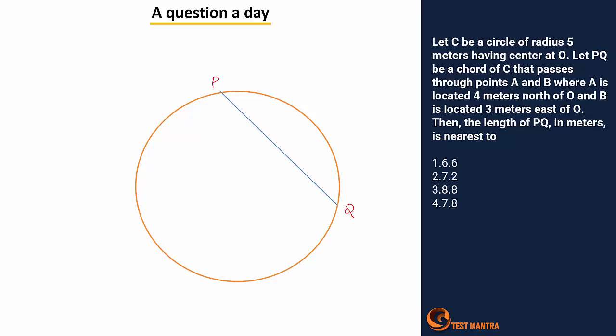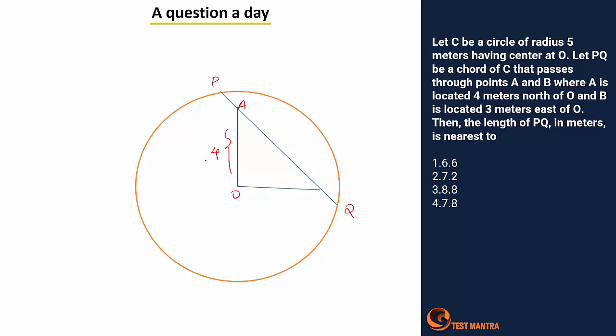Let PQ be a chord of C and passes through points A and B, where A is located 4 meter north of O. So this is center O, and A is at this point, which is 4 meter north. North means proper north.